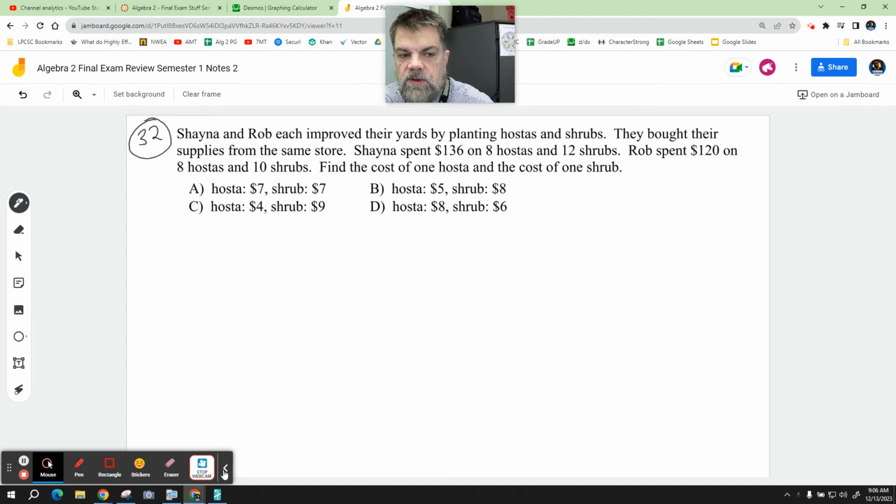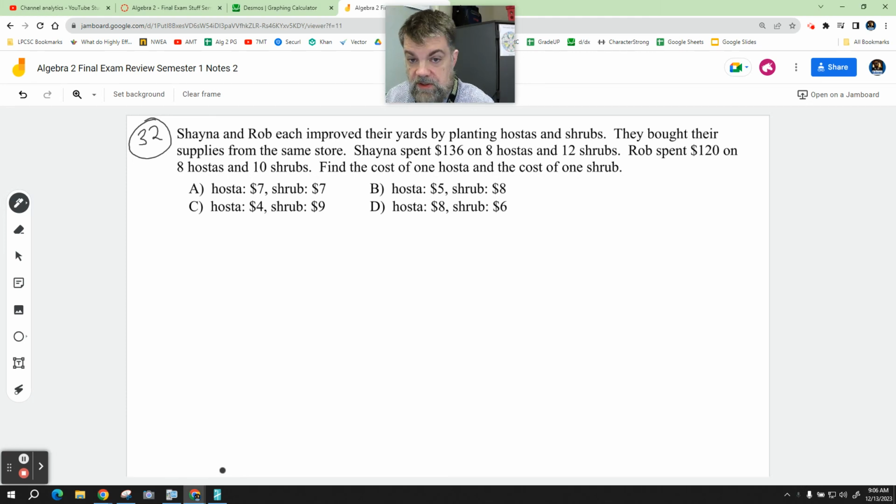So for problem number 32, it says Shayna and Rob each improved their yards by planting hostas and shrubs. They bought their supplies from the same store. So Shayna spent $136 on 8 hostas and 12 shrubs.